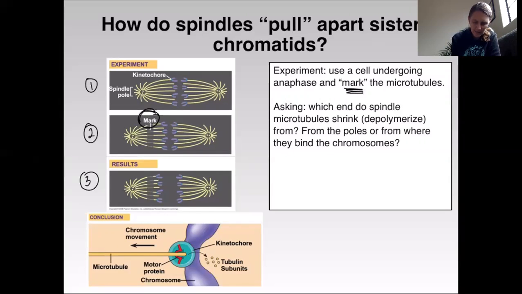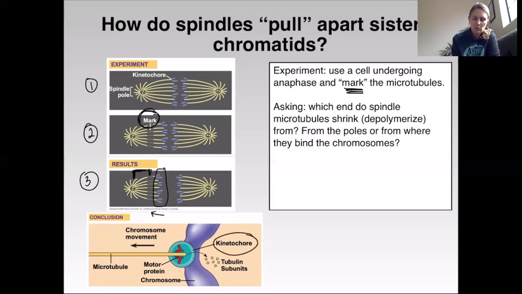And if you see in number 3, the chromosomes here are actually getting closer to the mark, but the mark is staying an equal distance from the centrosome, right? So what does that mean? It means that the microtubules, instead of disassembling from the pole, are actually disassembling at the chromosome.